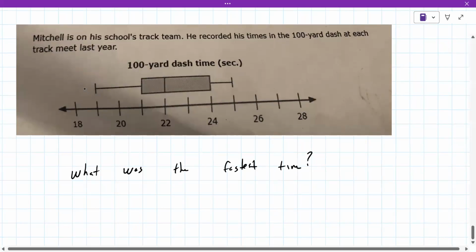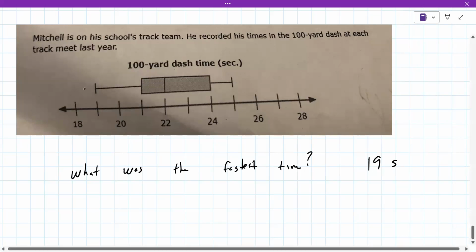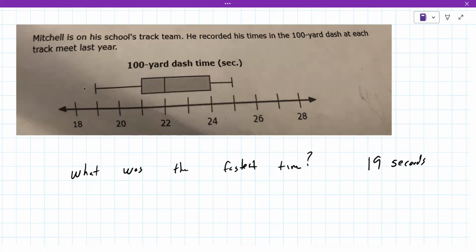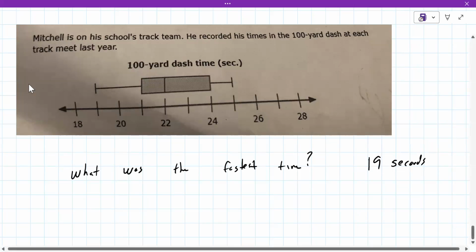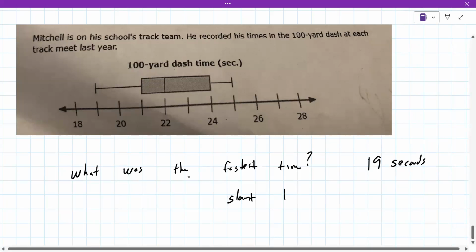What would you say? 19. Now, is that slow or fast? That's pretty fast. And then we could also ask for the slowest time, which would be going the other direction. That's the 25 seconds.